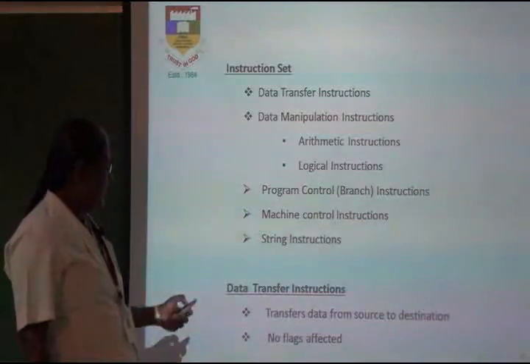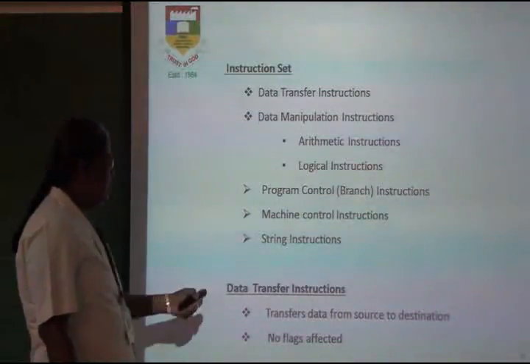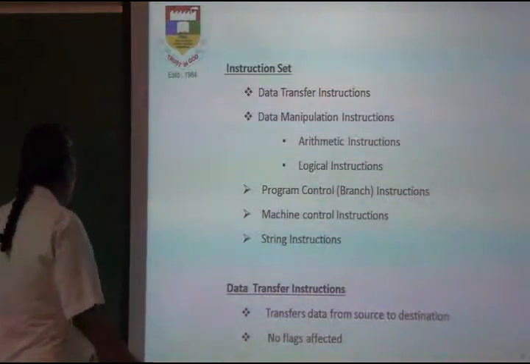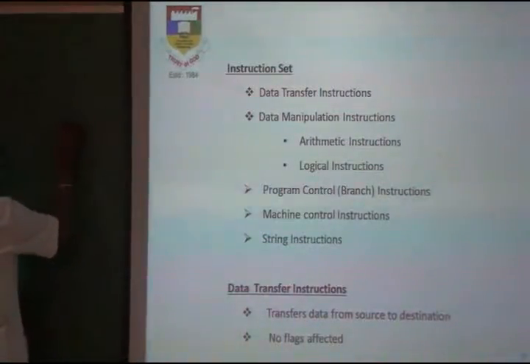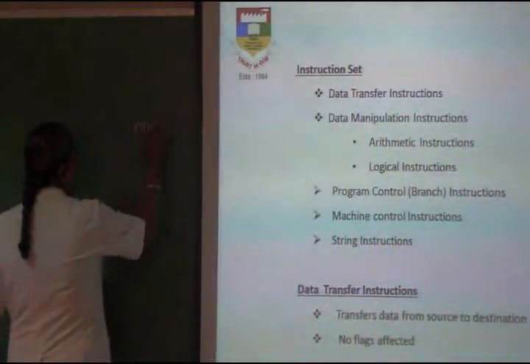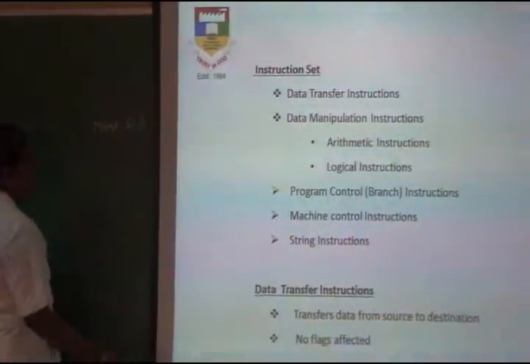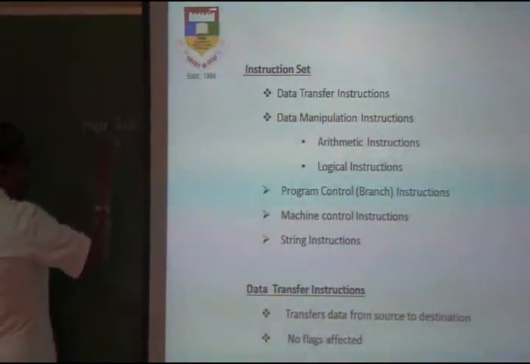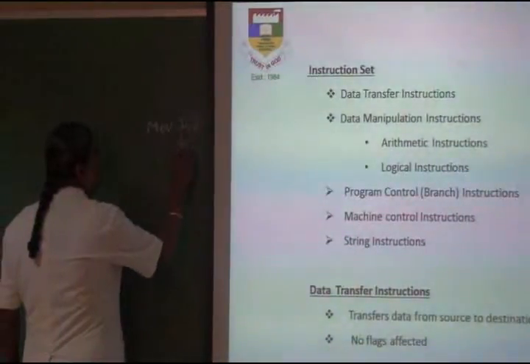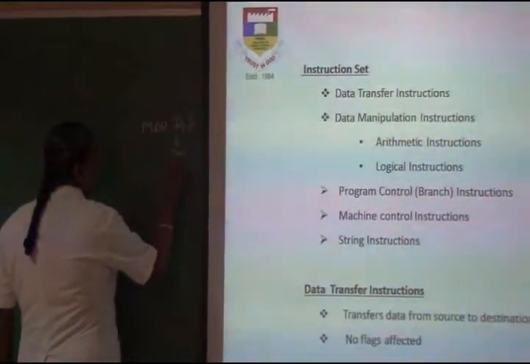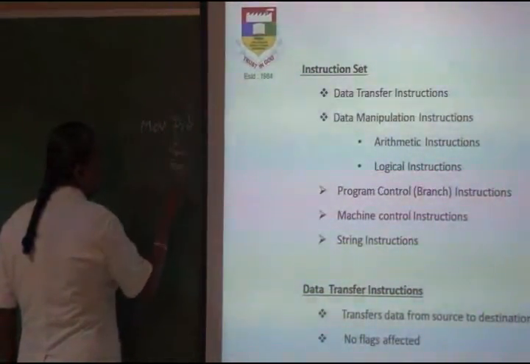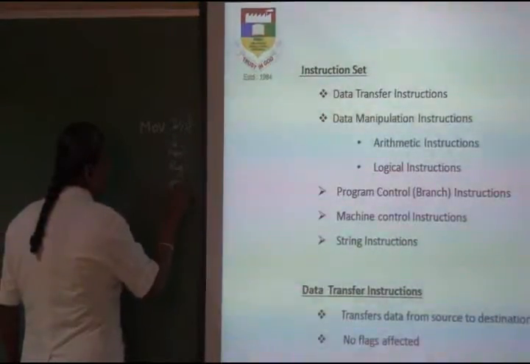So we can go for the examples. For data transfer from source to destination, we use the instruction MOV destination, source. The destination can be memory, register, or an output device.